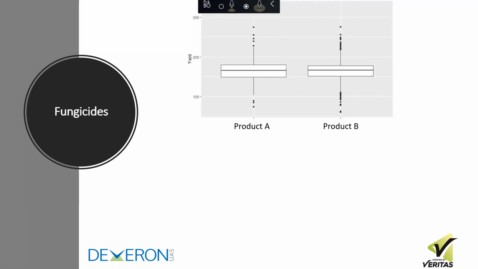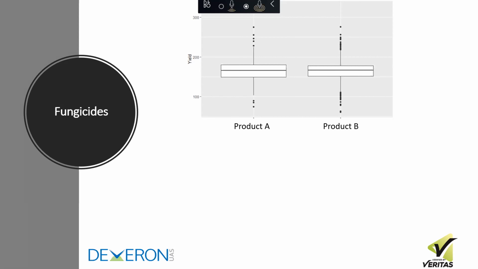Box and whisker plot: there is no statistical difference between product A and product B. When you looked at it across the field in a randomized block design, we could not get a response that was statistically significant. If you cherry pick the data a little bit, yeah, you could find a pretty good difference.